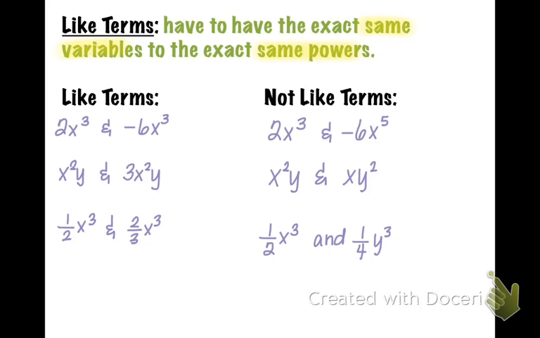They say, oh, well, those are both to the third power. But again, why are these not like terms? One's an x, one's a y. They don't represent the same things. So you have to make sure that they are exactly the same. Close is not going to cut it. They have to match exactly.